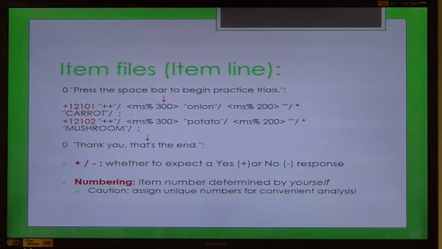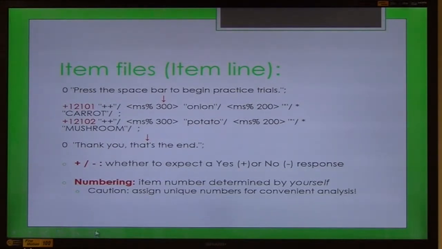And if there's a minus, that means you are expecting a negative response from your subjects for that trial. So it really depends. If you are looking for a yes/no type of answer from your subjects, then you will have to manipulate these plus or minus signs. But if you are not expecting such a yes or no answer, then you can just put all plus or all minus. That will be fine.